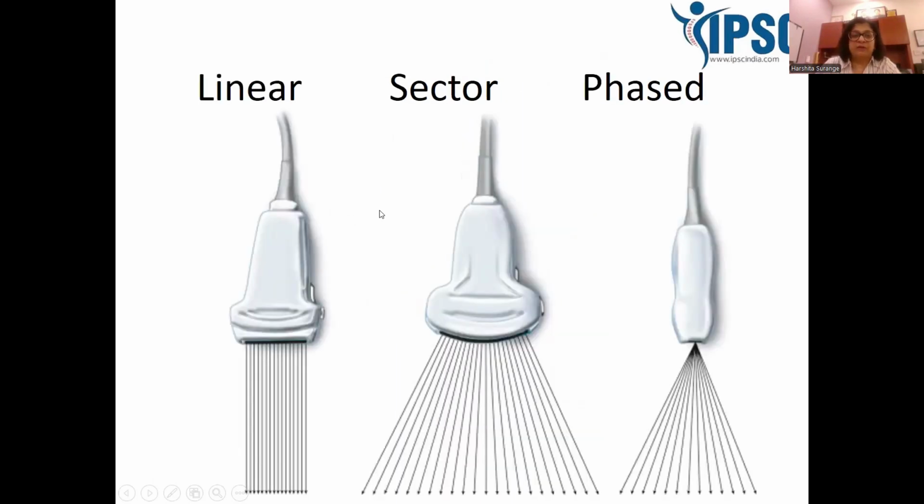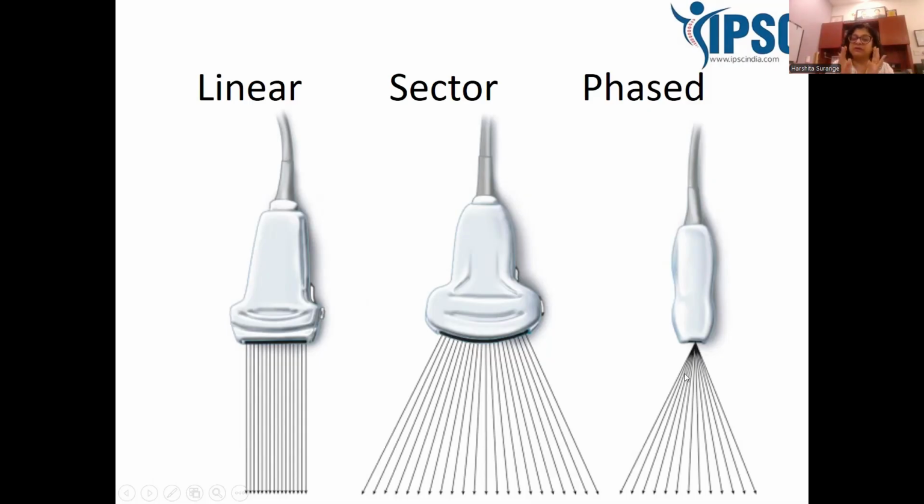Now coming back, the linear probe or the high frequency probe forms a linear image because ultrasound beams are emitted in a straight direction. In contrast, with the sector probe, the ultrasound beams are divergent, in the form of a sector. In the phased array probe, the ultrasound beams come from a single point and diverge.